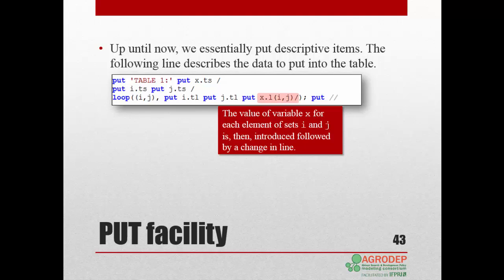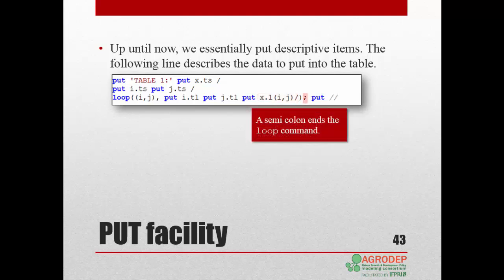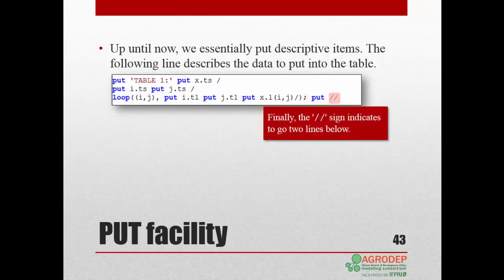The next put statement displays the value of variable x associated with this element. Note the suffix .l that is added to variables to indicate the current value of the variable. The slash within the loop statement indicates a change of line before the next iteration. A semicolon ends the loop statement. Finally, the double slashes after the loop statement mean to skip 2 lines. For a review of the loop command, we refer you to Lesson 6.